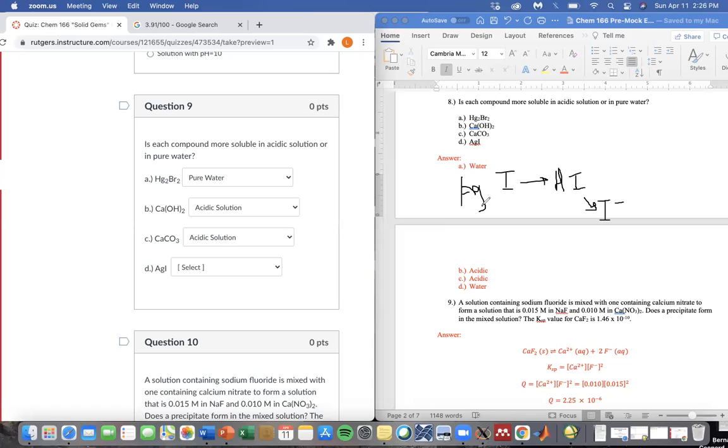But the Ag, if you had AgOH, that's going to be a really weak base. And so Ag plus is going to serve as a weak acid in a solution. And so because of that, it's going to be more soluble in the water solution than in the acidic solution.